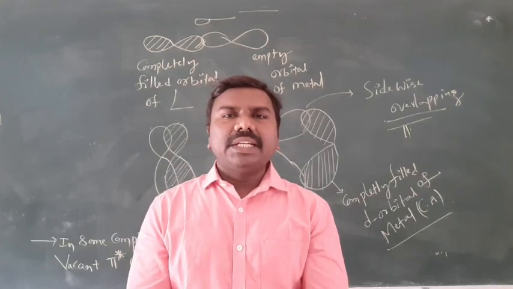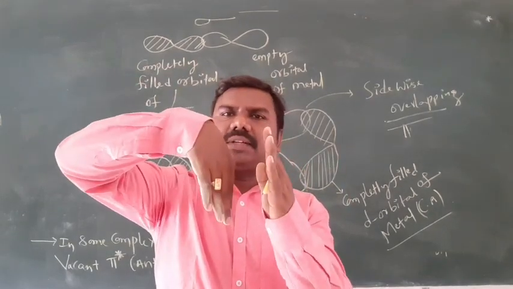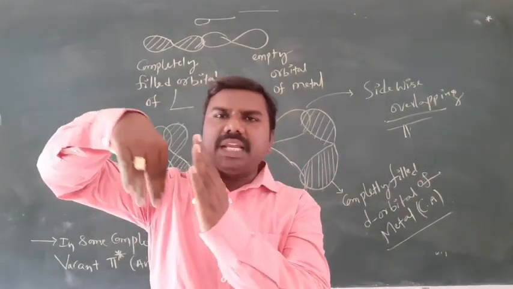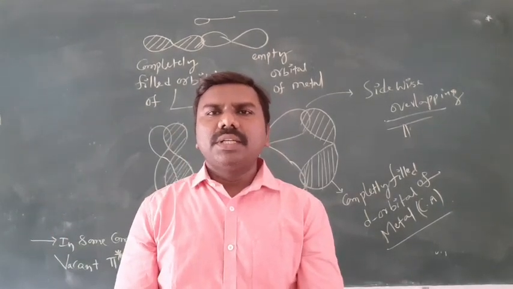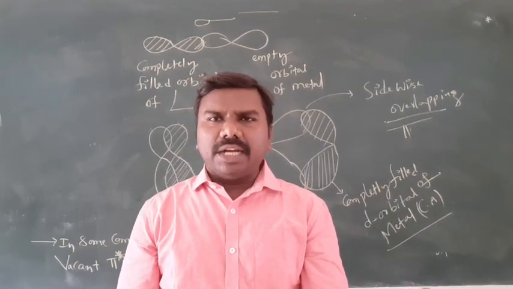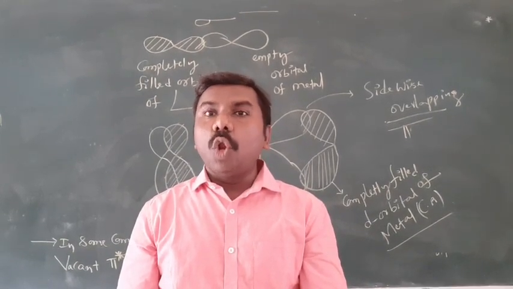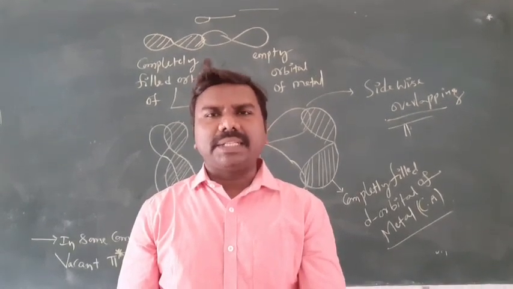Spin paired means plus half is converted, another one is a minus half. Plus half, minus half cancelled, spin will be 0. In presence of strong field ligand, the spin becomes low. That's why those are named low spin complexes.